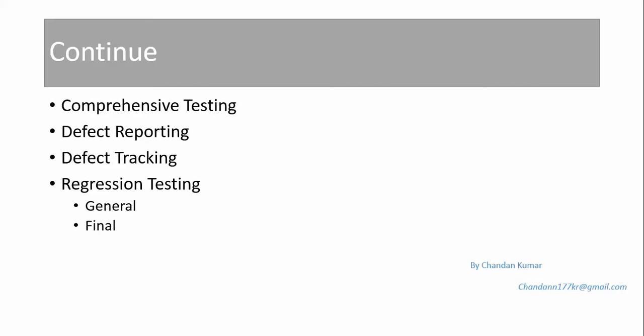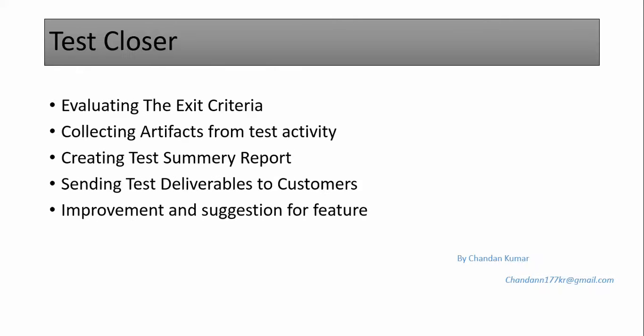After that, the last phase will be your test closure. Now what we do in test closure is evaluate the exit criteria. As I told you, there is something called exit criteria in the planning phase, when we are planning our test. We fix certain criteria that it should meet, a certain limit: this many number of defects is okay, or if these many functionalities are impacted, or if it is working fine but has some kind of defects, it's okay.